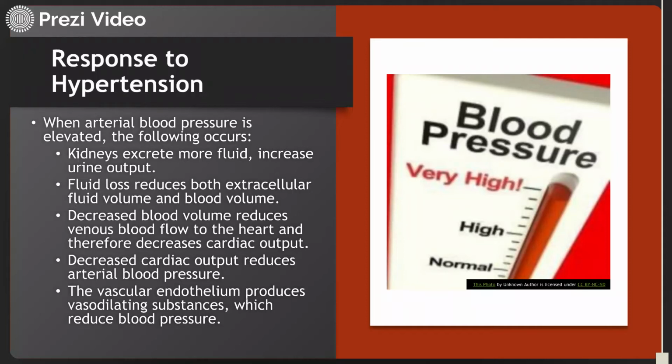And of course, if you decrease your cardiac output, you decrease your arterial blood pressure. And then the vascular endothelium produces a vasodilating substance, which hopefully will also help you reduce your blood pressure. So there are different things your body will try to do to help you control your blood pressure.